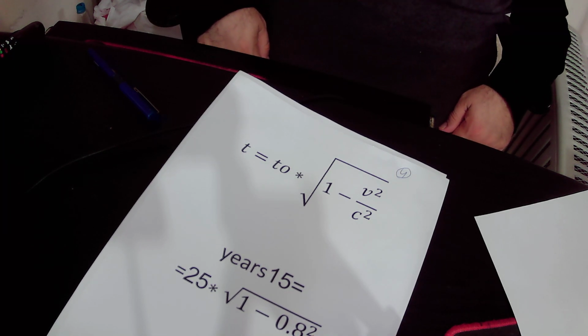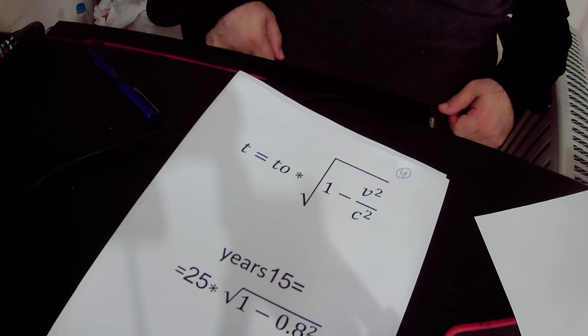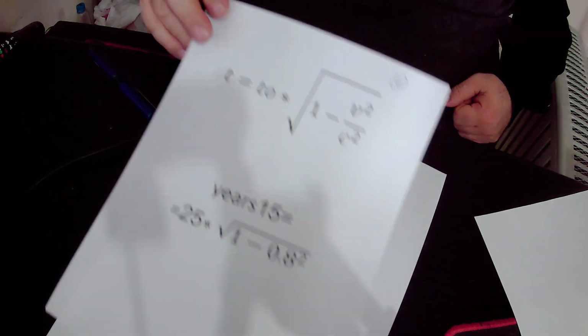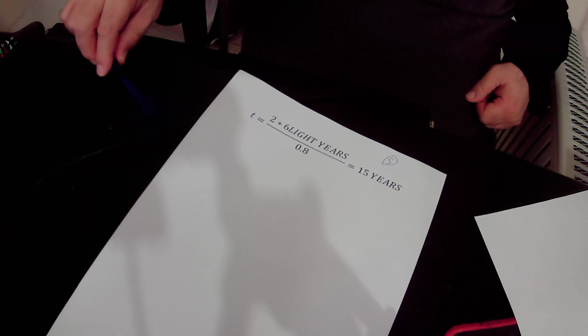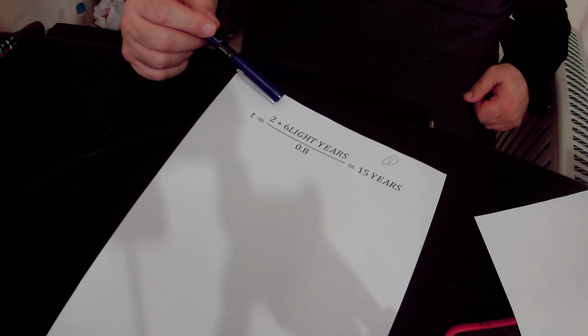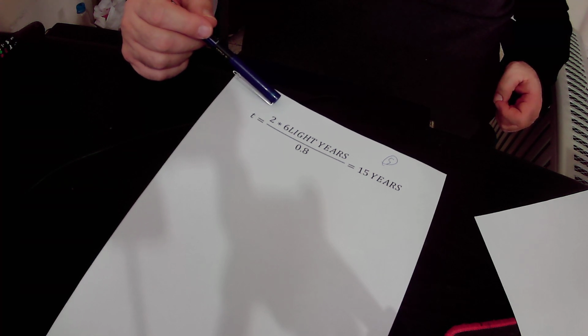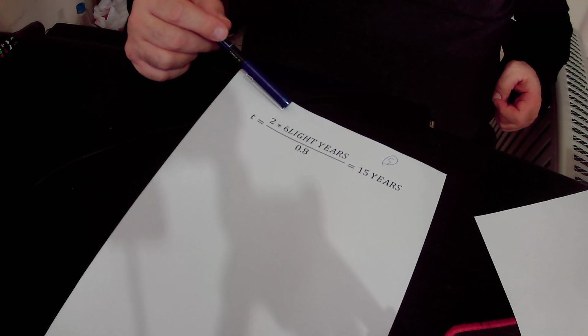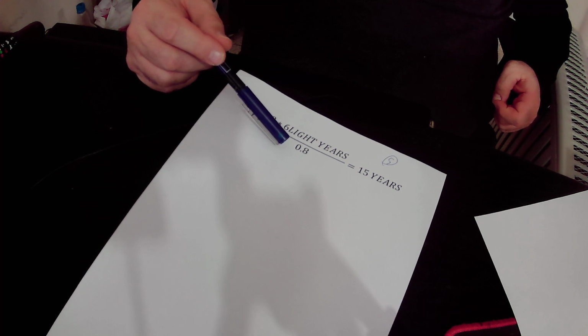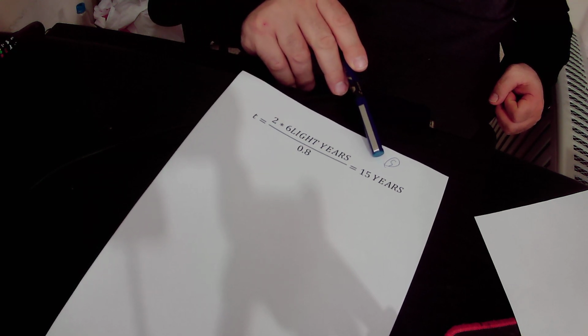So in this situation there will be a contraction of distance between him and the star Epsilon, and the total distance between him and the star Epsilon will be 6 light years only, and the total way back and forth from Earth to the star Epsilon and from the star Epsilon to Earth will be 12 light years. So the total way is 12 light years, and when we divide it by the speed of light, we get the final result of 15 years.